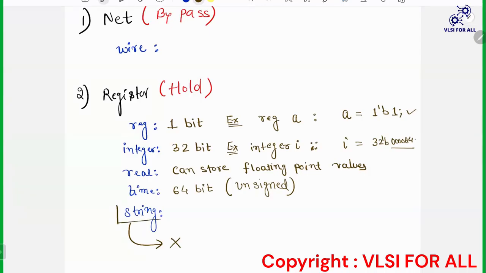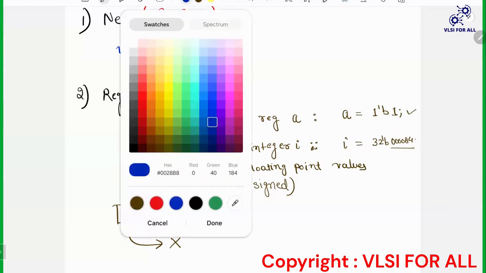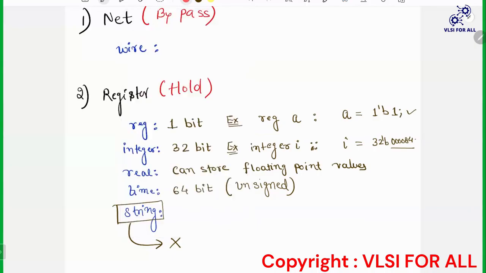I should not write this with the blue color, but you can achieve this. What do I mean by you can achieve this? String is not a data type supported in Verilog, although you can store a string. How? You can store a string in reg itself. You can have a vector of reg, like reg [7:0] s [9:0]. What is this?